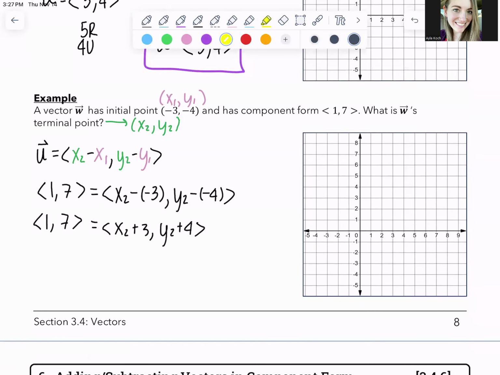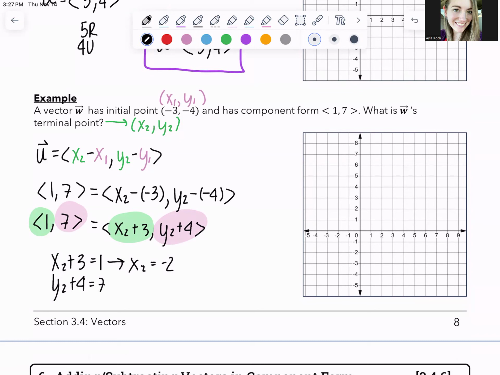And what you end up with is that this guy is equal to the horizontal component. So x2 plus 3 is equal to 1, i.e. x2 is equal to -2. And then over here, the vertical components need to be equal. So y2 plus 4 is equal to 7, i.e. y2 is equal to 3.